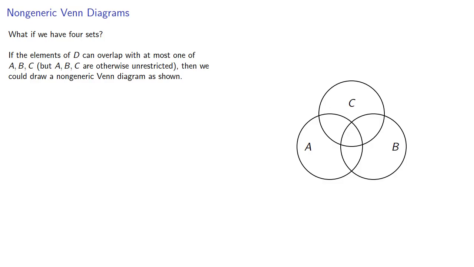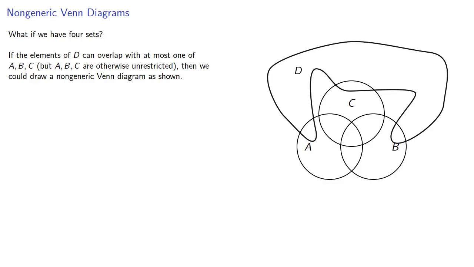And so after some thought, we might end up drawing something like, well, how about this? And so here we have a fourth set D, which could also be in A or B or C individually, but there's no way that something can be in D and be in more than one of these other sets.